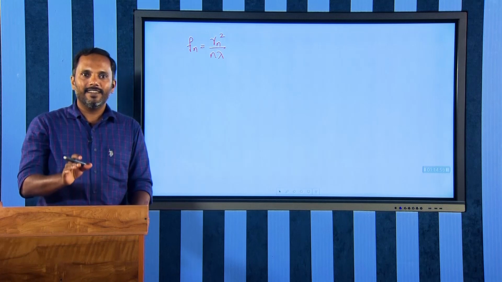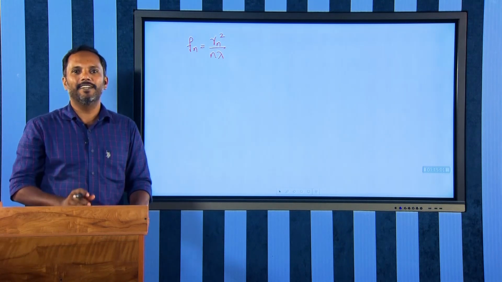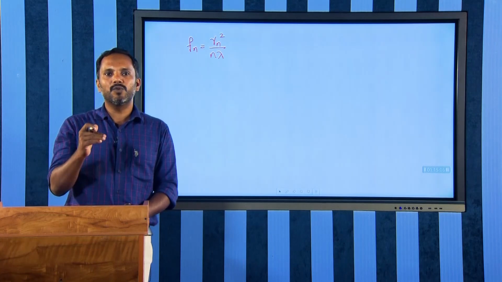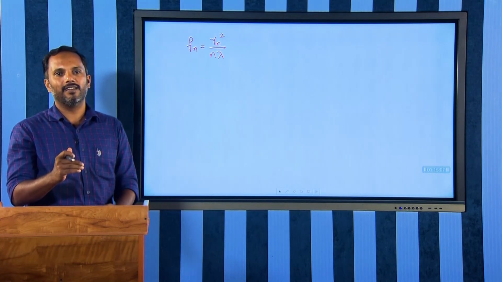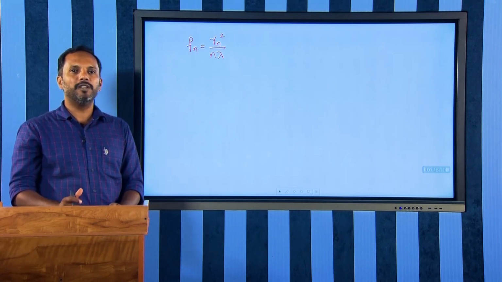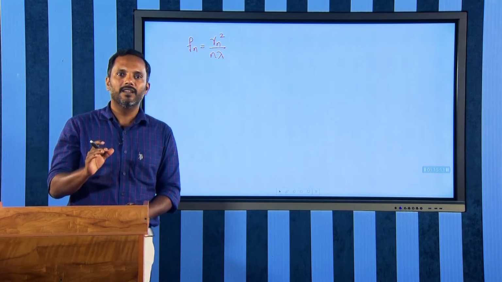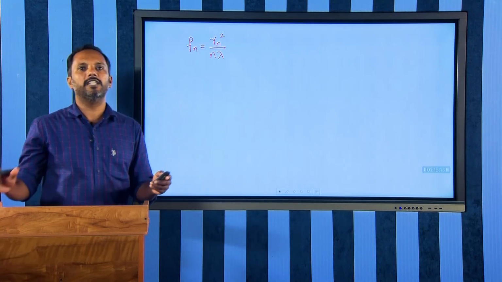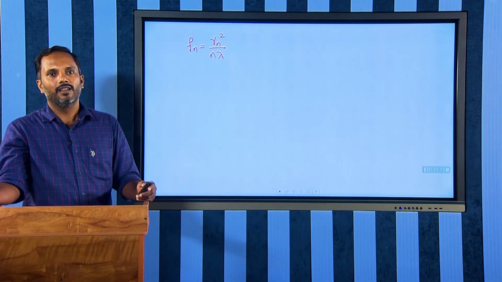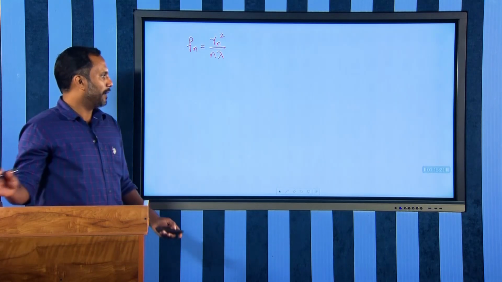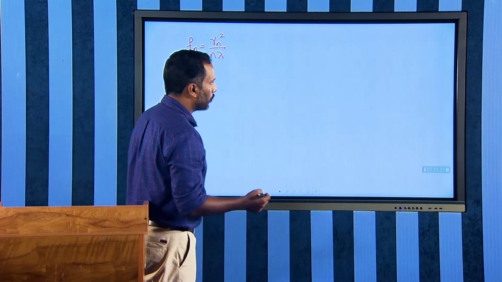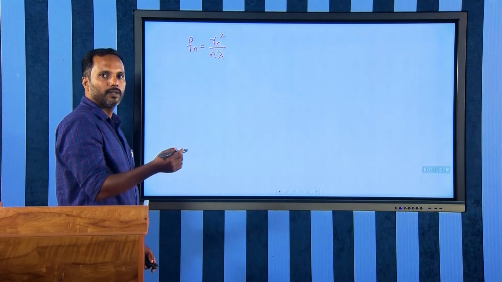What is very interesting here is that as the even number of zones are opaque, the intensity at point P is much greater than that when the whole wavefront is exposed to point P. In the first case, what happened? In the first case, the even number of zones are opaque.